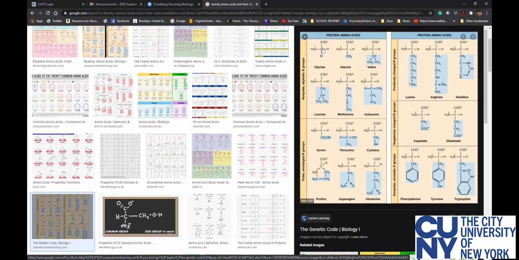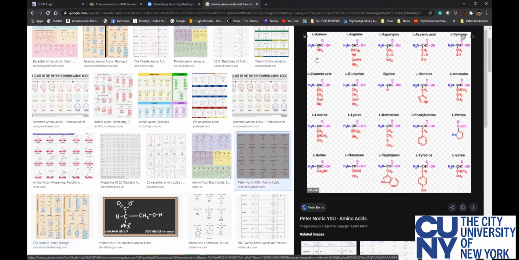Here it is NH3, NH2, it depends. So alanine has CH3 as its side chain. The red parts you see here differ among the 20 amino acids, and the rest are the same.